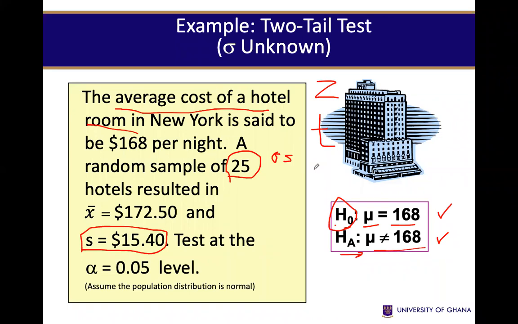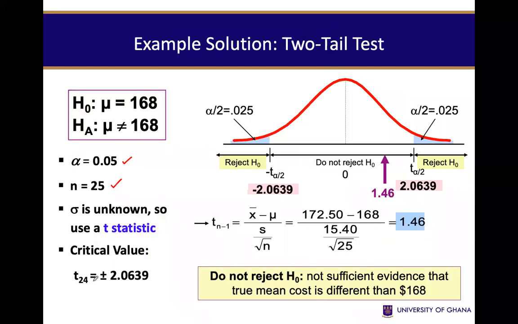And because it is a two-tailed test, the alpha, or this level of significance, is going to be divided by 2. That means one half occupies one part of the distribution curve, and the other half occupies the other part.